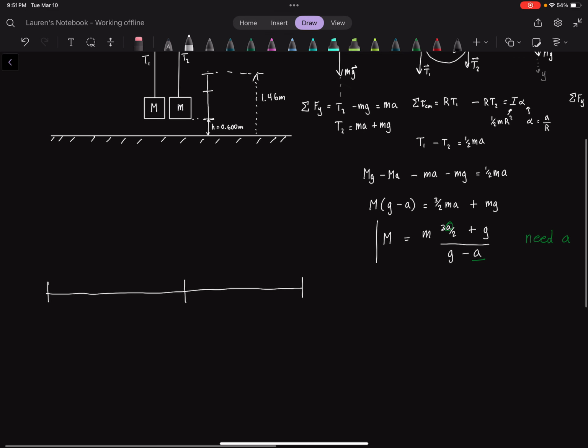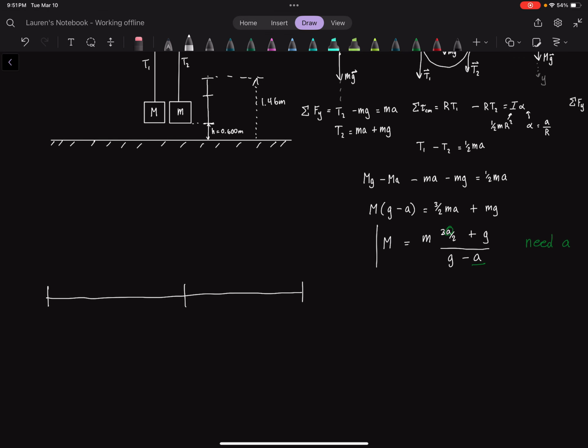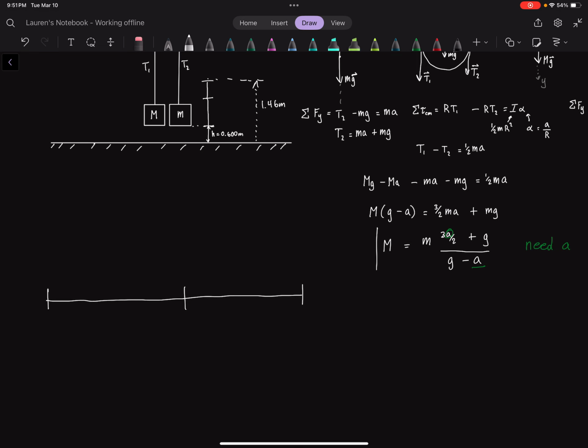We'll do y's. Y naught is 0.600 meters. V naught is 0 meters per second. T1 is, I don't know. A1 is what I really would love to be able to plug in over there.